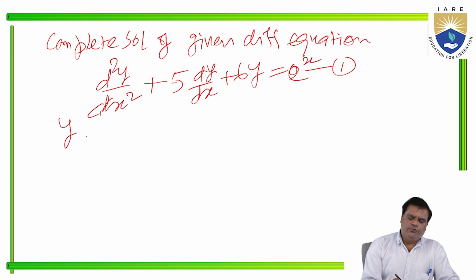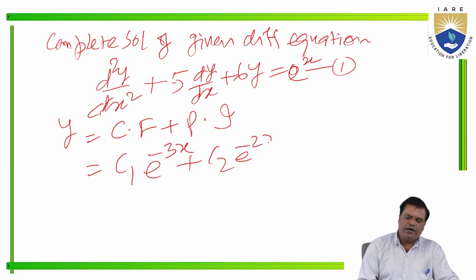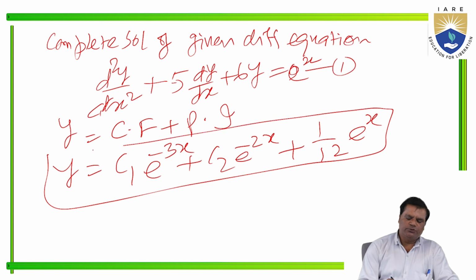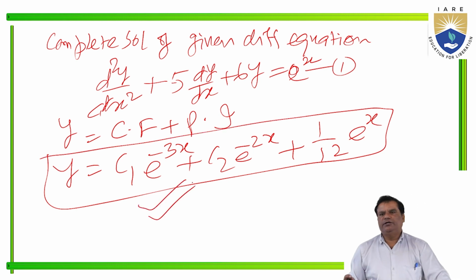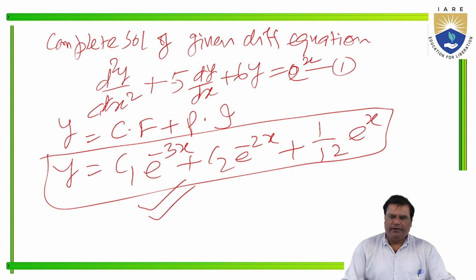So y is equal to the complete solution, CF plus PI. So y is equal to c1 e to the power minus 3x plus c2 e to the power minus 2x plus 1 upon 12 e to the power x. This is y, the complete solution of the given differential equation: complementary function plus particular integral.